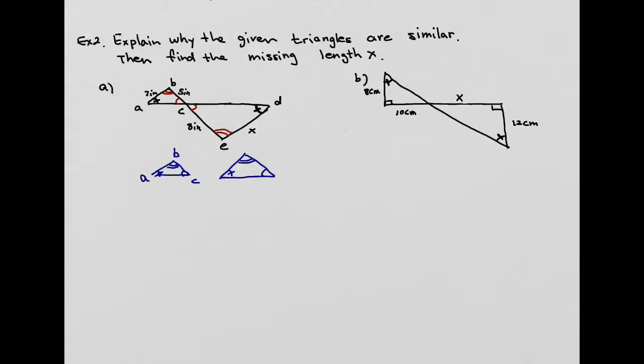So then I have C here, and then E there, and D here. For the sides that I have to set in proportion, let me write down what's given. This is going to be 7 inches between A and B, and this is going to be 5 inches between B and C, and I have CE. CE is going to be 8 inches. My unknown is going to be the length of DE.